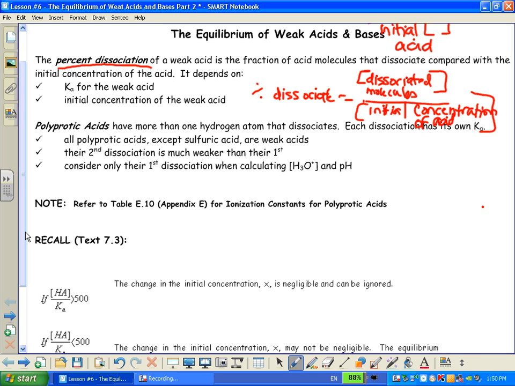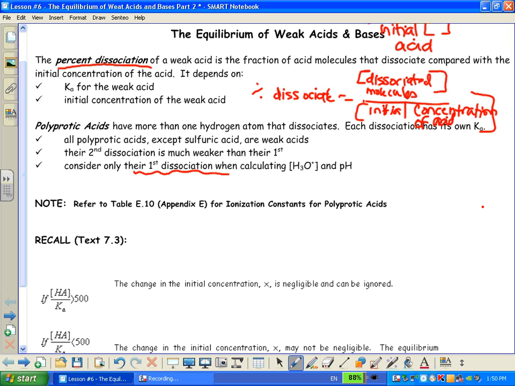So if a question asks you for the pH and it is a polyprotic acid, you only have to take the pH of their first dissociation, because the second one will be so small in terms of the percent or the amount of hydronium ions, so it will not actually have an effect on the pH.